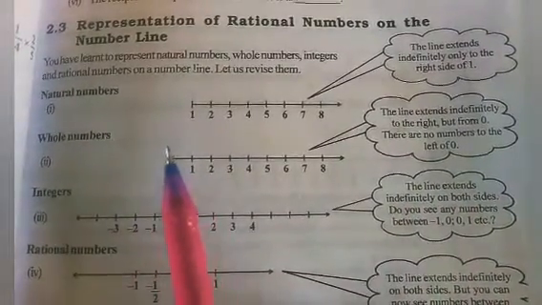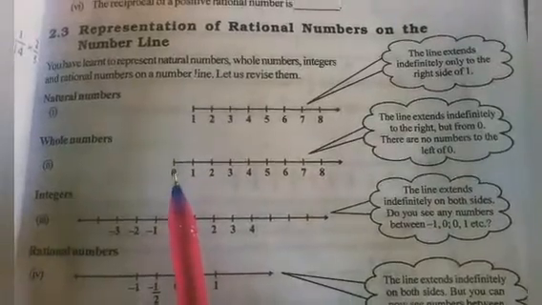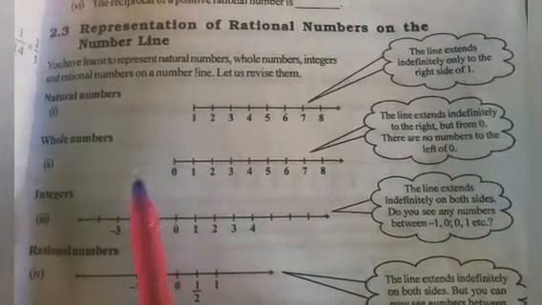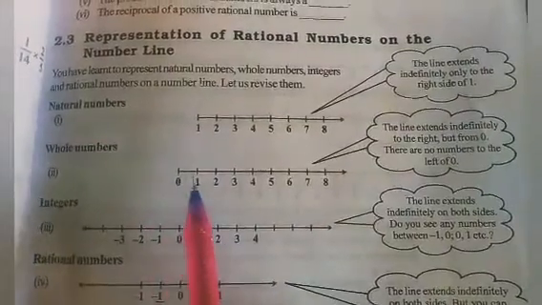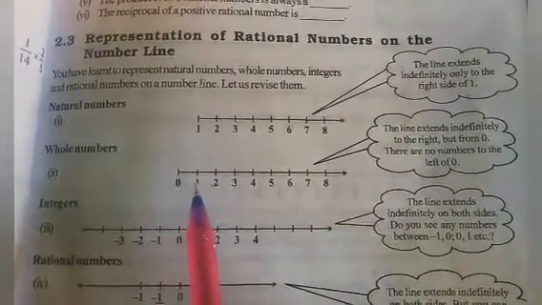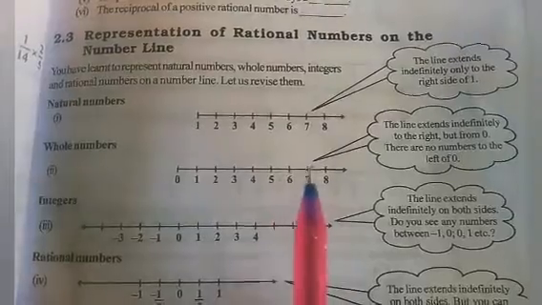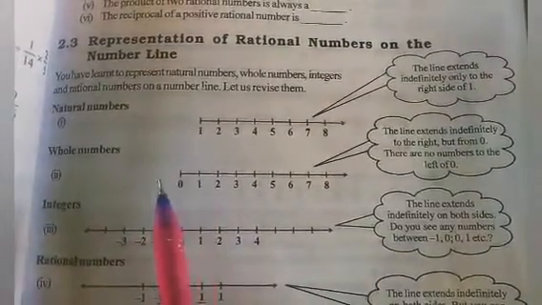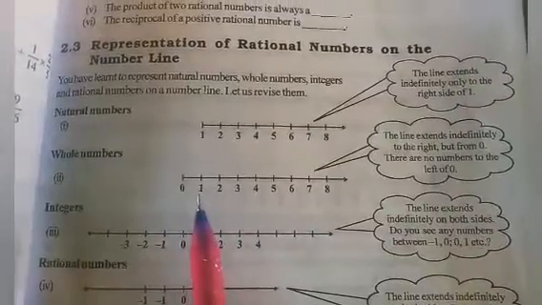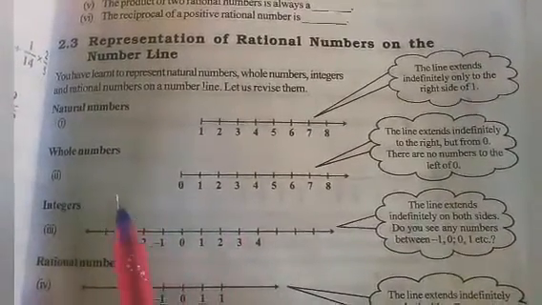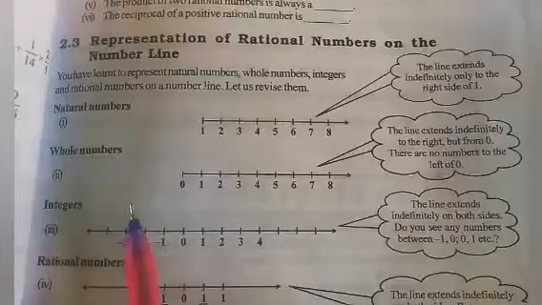Dear students, just observe here, on the left side of 0 there are no numbers, isn't it? Here, on the right side of 0, natural numbers are there. Whole numbers include 0 with natural numbers, the set of whole numbers, isn't it?